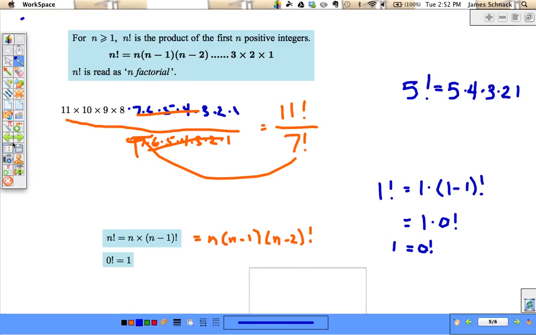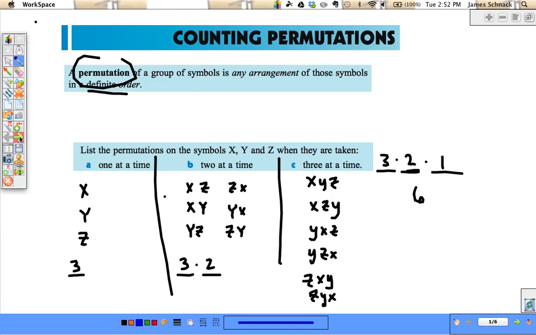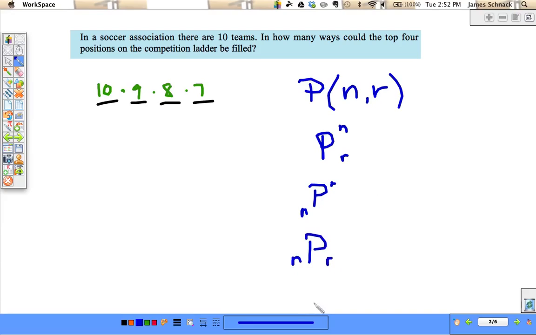I want to back up here. I'm going to go back to this problem. There is a notation that we can use called permutations. You'll see it like this, or P, NR, or N, PR. I think I got the order there right with the letters. Or NPR.